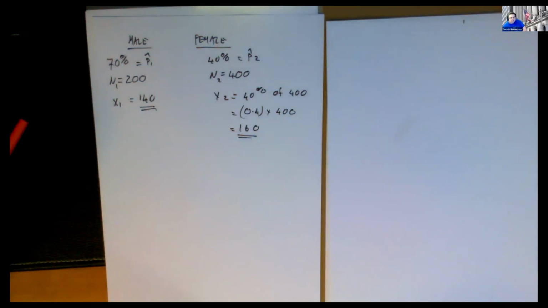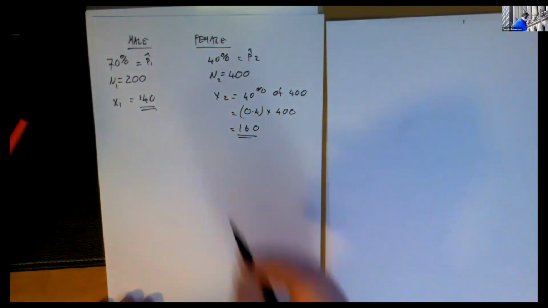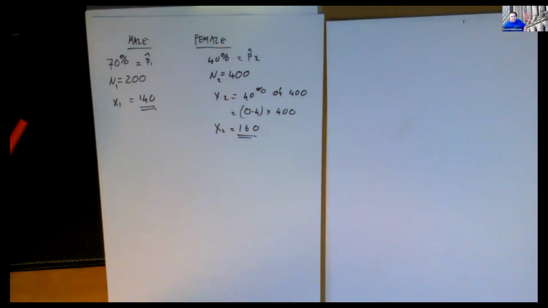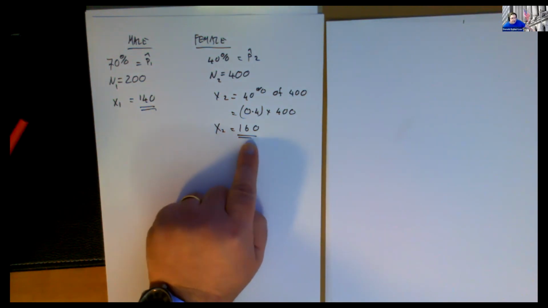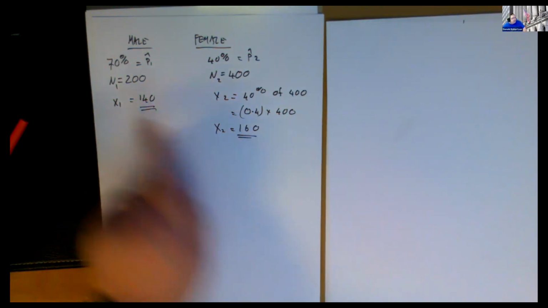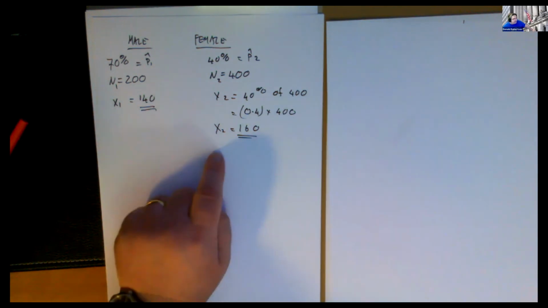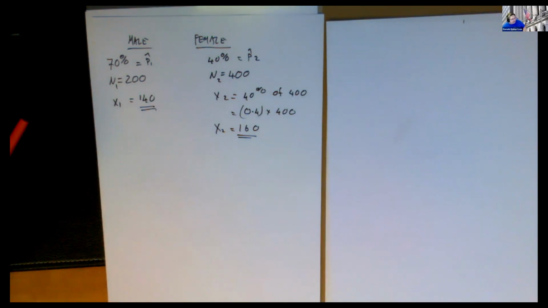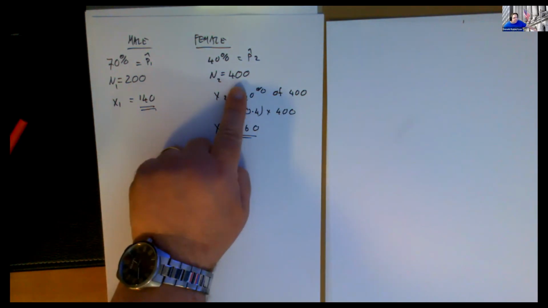Now, if you were looking at this information without focusing too much on it, it looks superficially like more women watch sci-fi than men, doesn't it? There are 160 of them, right? And there are only 140. But that's really not a very accurate understanding of what's going on. Isn't there a lot more women in the sample than men?